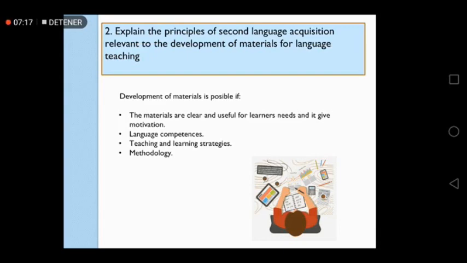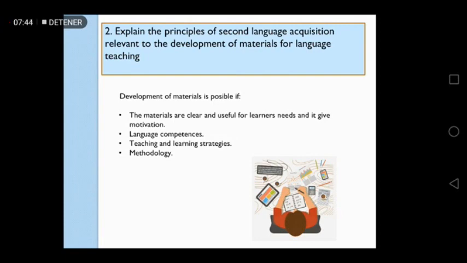The second and last part is to explain the principles of second language acquisition relevant to the development of materials for language teaching. So in this part, I think the development of materials is possible if first, the materials are clear and useful for learners' needs and it gives motivation.